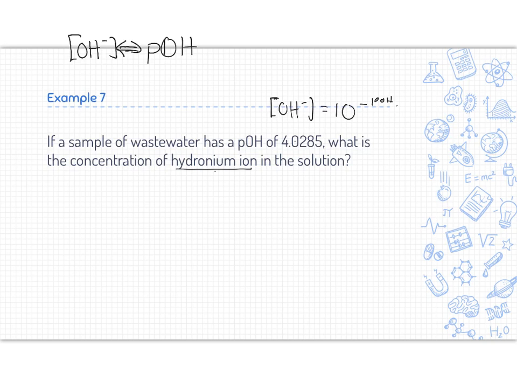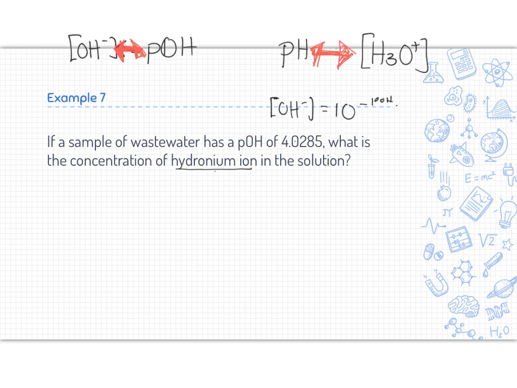So I can go both directions here. I can either take the pOH and calculate the concentration of OH minus, or I can take the OH minus concentration and calculate pOH. I can also use the pH to calculate the concentration of H3O plus using the concentration of pH formula, or 10 to the negative pH.